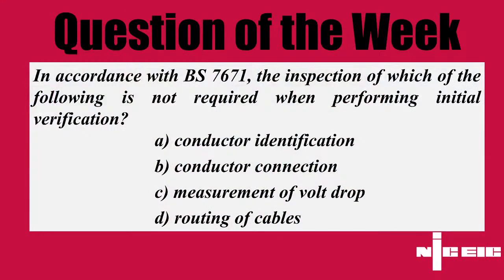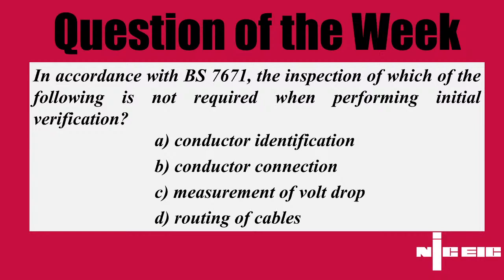So the question that we posted out today was, in accordance with BS 7671, the inspection of which of the following is not required when performing initial verification? Our four options were conductor identification, conductor connection, measurement of volt drop, and the routing of cables.